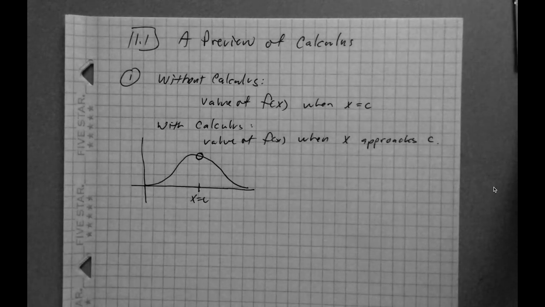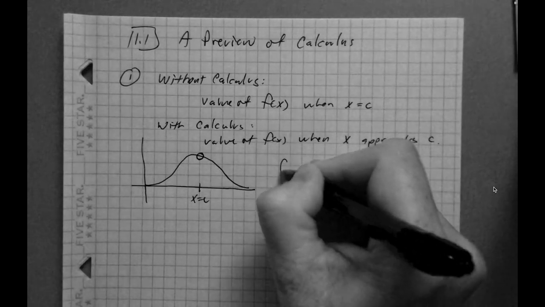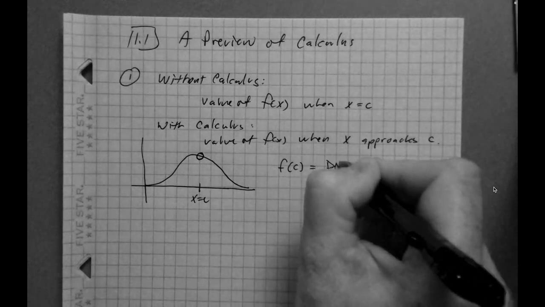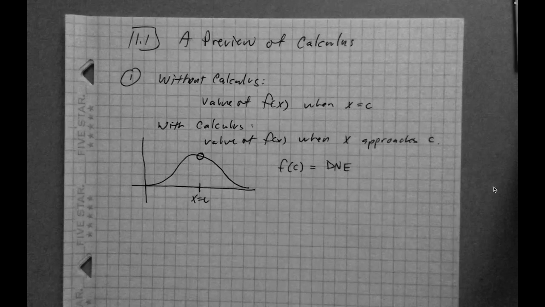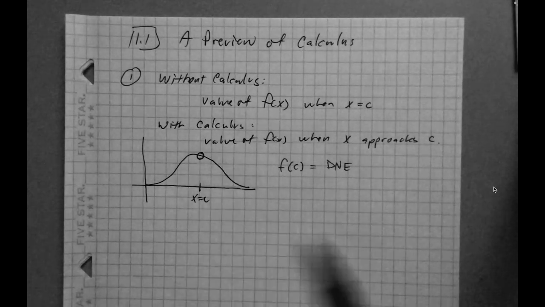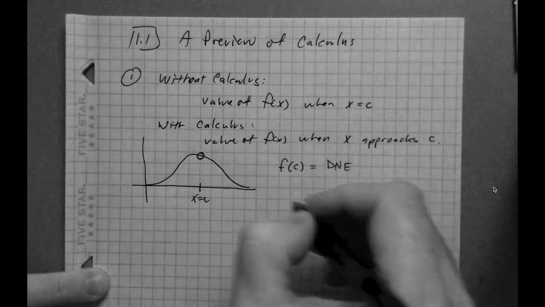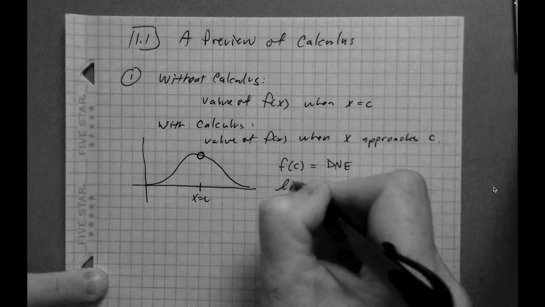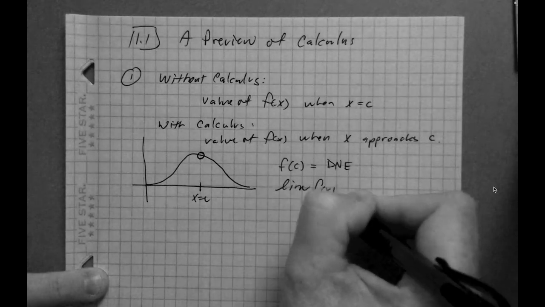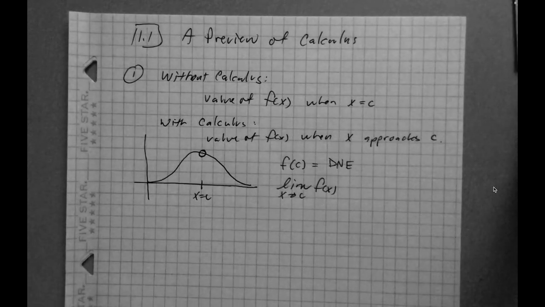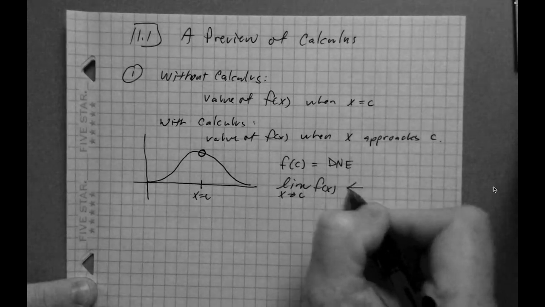Now without calculus, I can't tell you what f of c is, right? It doesn't exist. If the function isn't defined at x equals c, then clearly I can't talk about what f of c is. With calculus, we'll be able to talk about the limit of f of x as x approaches c. Okay. So this is going to be the limit concept.